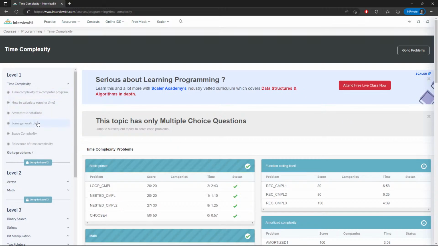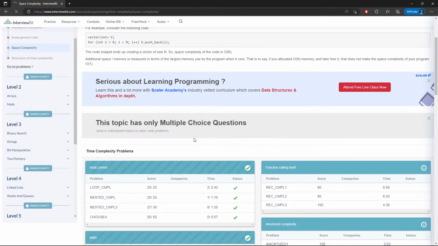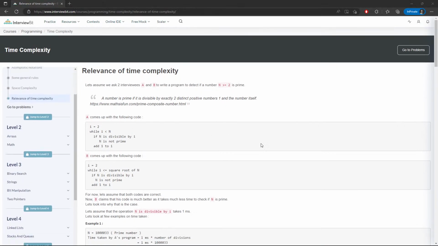We actually went through these yesterday. So, space complexity. Let's just look at the last one and continue.